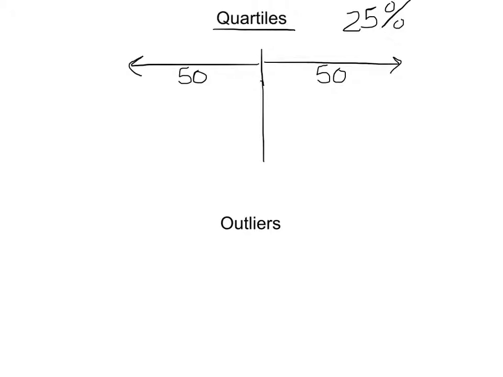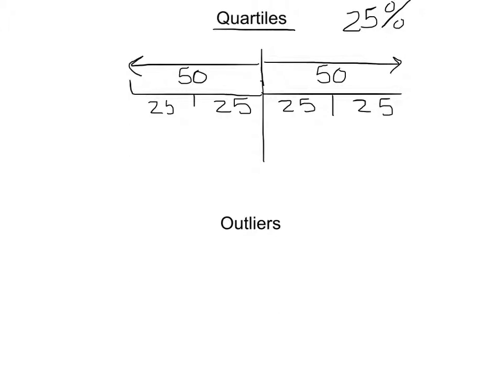Well, if I take this lower half and I cut it in half, that's going to give me 25% and 25%. If I do the same thing to the upper half, I've now broken my data set into quarters.